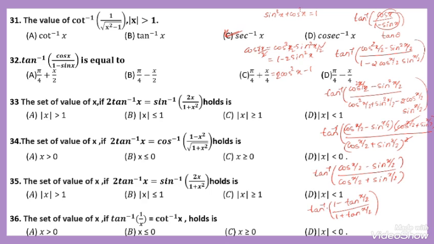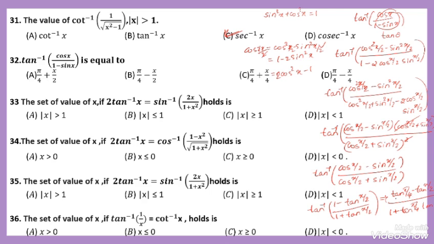Okay. Here, 1 minus tan x by 2 divided by 1 plus tan x by 2. Again, 1 can be written as, what is the 1? 1 can be written as tan pi by 4. So, tan pi by 4 minus tan x by 2 divided by 1 plus tan pi by 4 into tan x by 2.